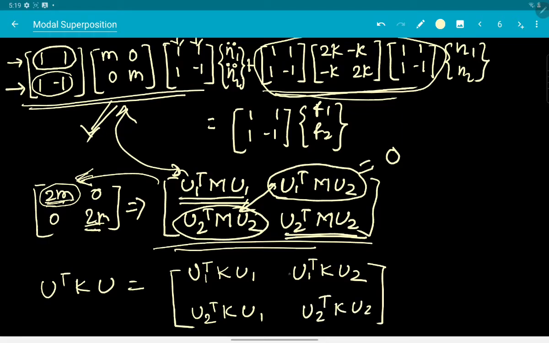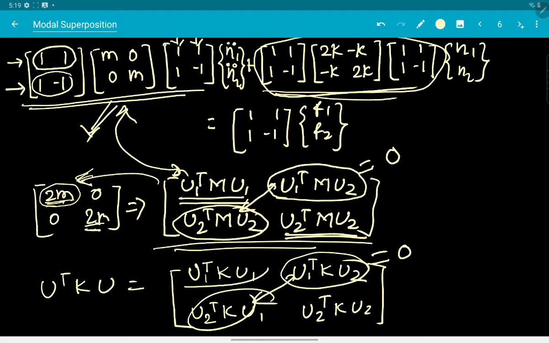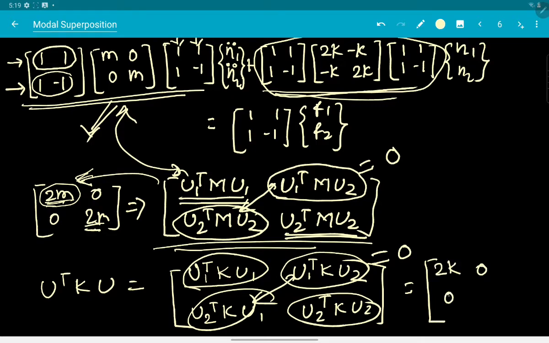Again, modal orthogonality tells us that the off diagonal terms are 0, and only the diagonal terms remain non-zero, and they will also be positive. In our case this comes out to be equal to 2k 0 0 6k, for the choice of U1 and U2 that we have made.